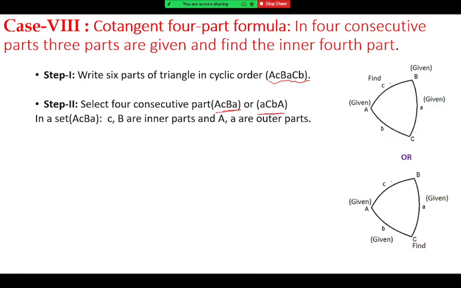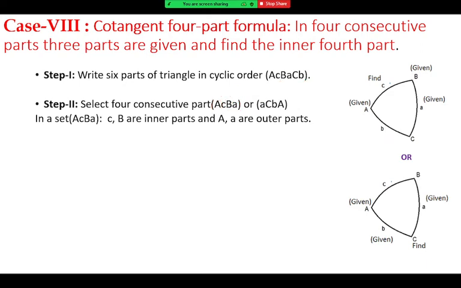The outer parts are, when this sequence is there, capital A and small a, and out of these, only an inner part should be missing. One of the inner parts should be missing. So either C or capital B is not given, then only we can use a cotangent formula.